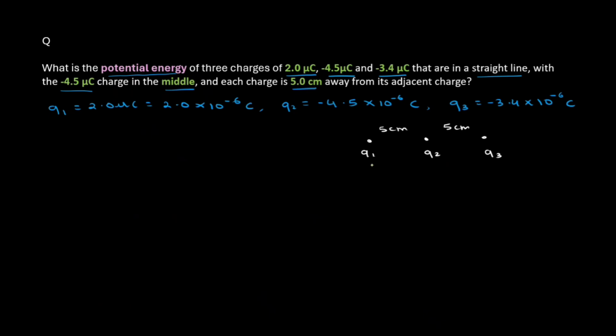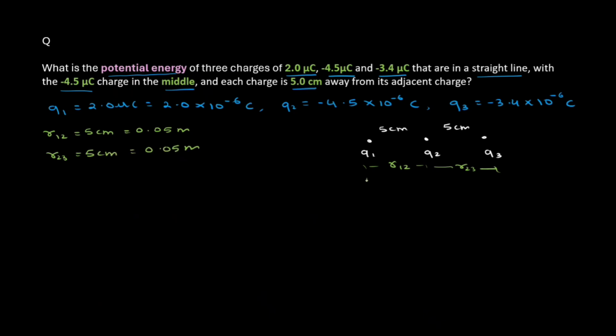As you can see from the figure, I will call distance between Q1 and Q2 as r12. And this distance r12 is equal to 5 centimeter, which is 0.05 meter. Then between Q2 and Q3 as r23, and this distance r23 is also 5 centimeter, which is 0.05 meter.